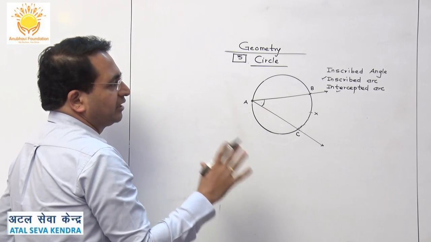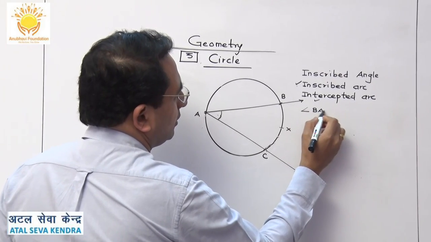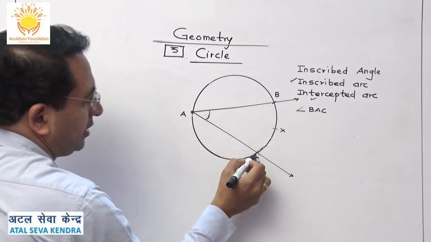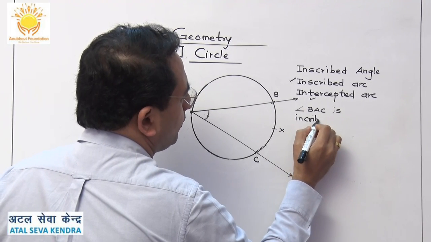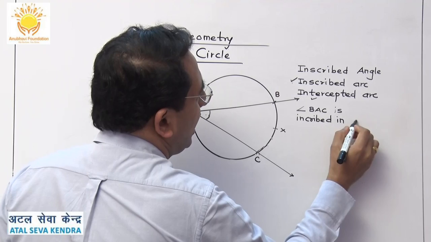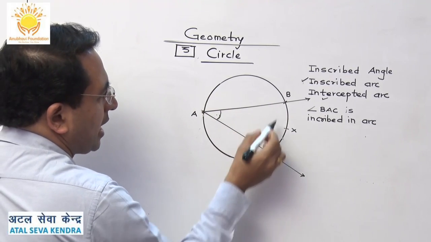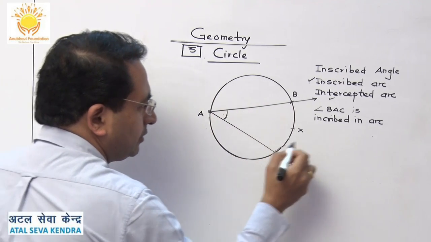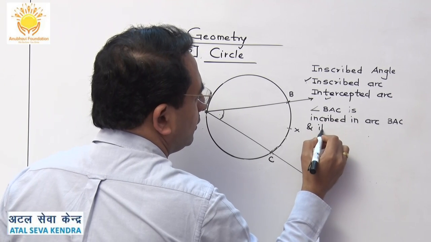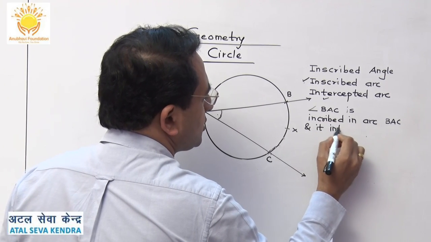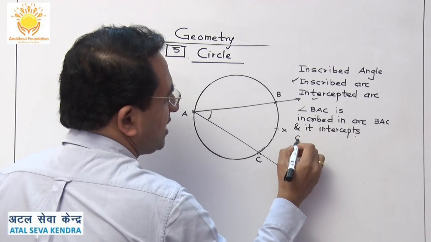So we make a clear-cut statement like this: angle BAC is inscribed in arc BAC, and it intercepts an arc.